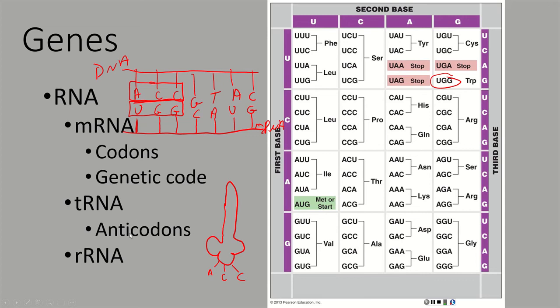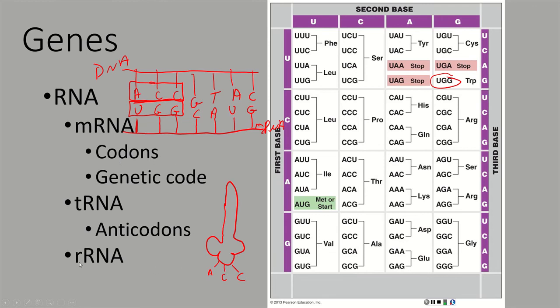But an anticodon is going to be on the transfer RNA. It's going to be three letters of transfer RNA that correspond with the codon in messenger RNA. We'll see why that's important in just a moment.